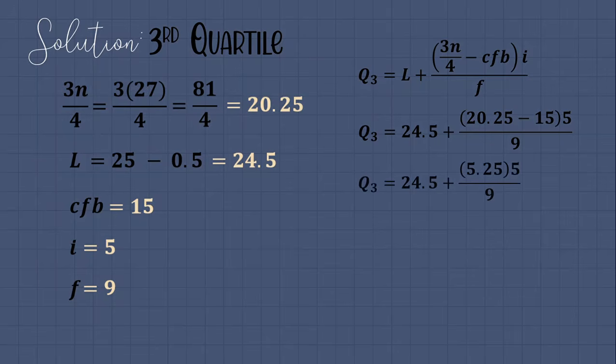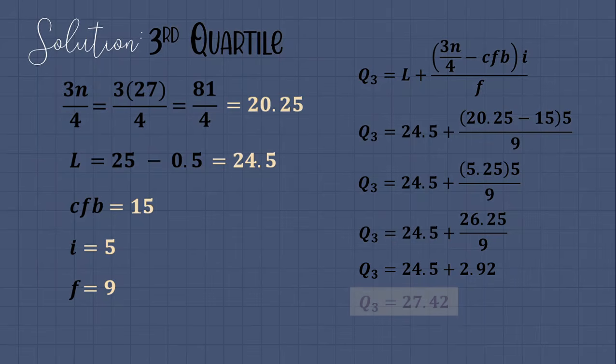We have Q sub 3 is equal to 24.5 plus 20.25 minus 15, that is 5.25, times 5 over 9, that is 24.5 plus 5.25 times 5, which is 26.25, divided by 9, that is 2.92, plus 24.5.